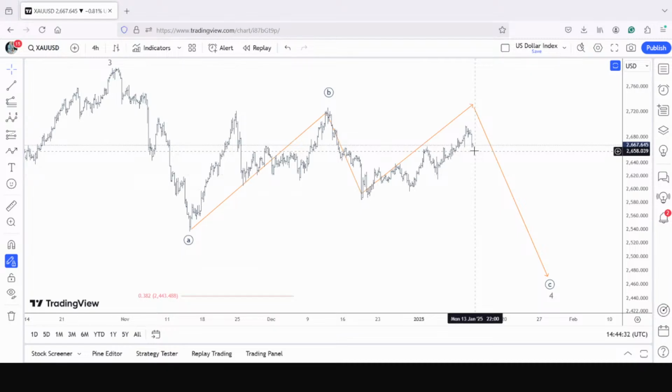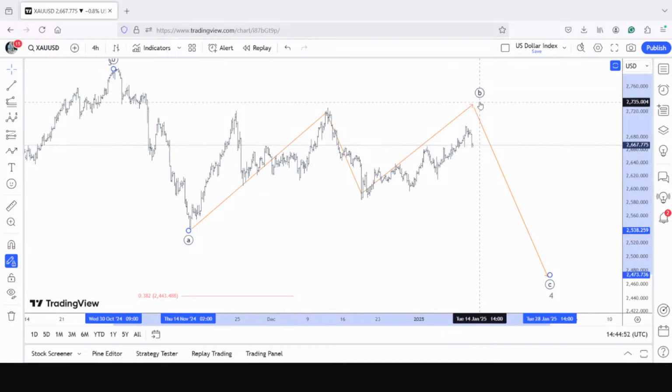Either price action, because this pattern is looking incomplete, it could be wave two of the C wave. But if it is not, then wait for one more high towards 2730 for this B to be drawn here, and then wave C would resume. Right now, I'm keeping it here.